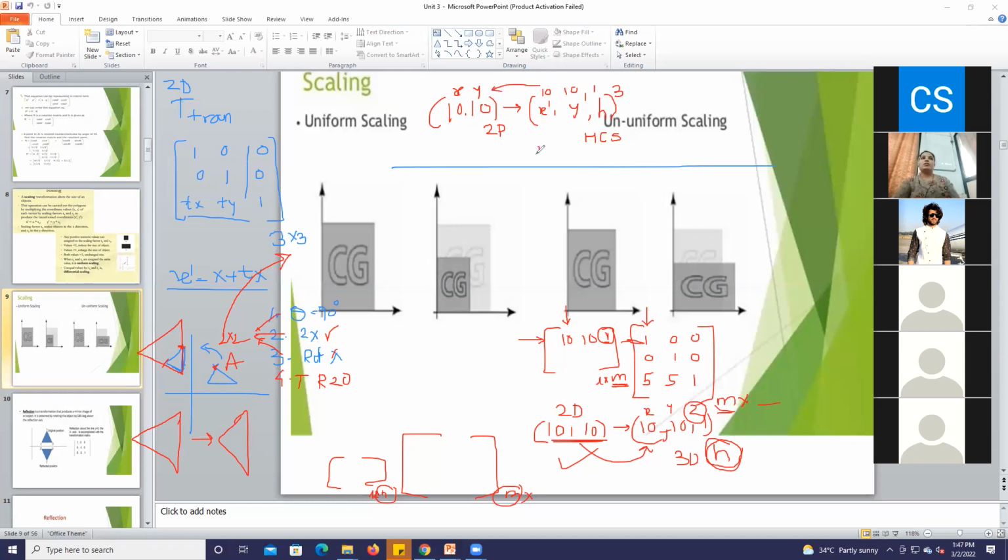किंवा मी म्हणेल जर 20,20,2 केलं, याचा अर्थ काय होतो?